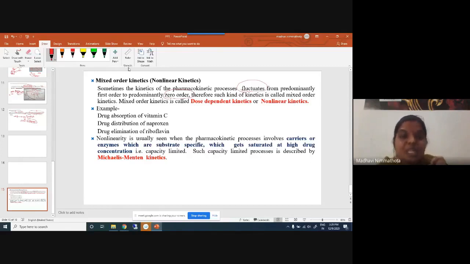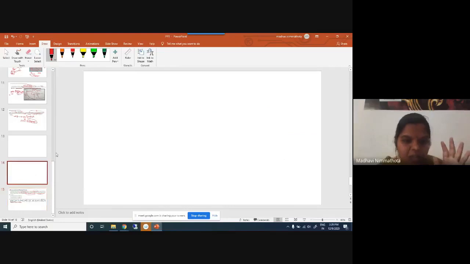So the mixed order kinetics are also called dose dependent kinetics or non-linear kinetics. Why are these called dose dependent kinetics? Sometimes it will follow up to some extent. Suppose the drug biological half-life is 3 hours.